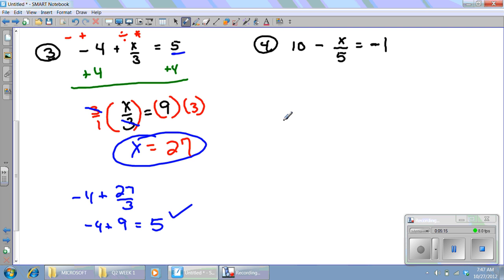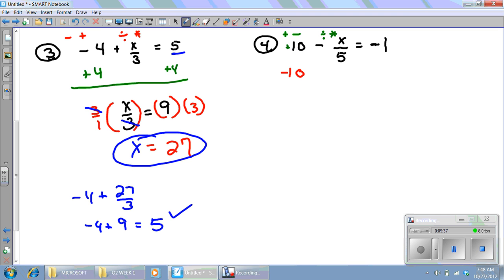All right, last one. I've got a 10, and the 10 is attached by addition. Why? Because it's a positive 10. So I'll use subtraction. And I have a 5, and I'm going to call it a negative 5 because there's a negative out front. It's attached by division, and so to undo it, I'm going to use multiplication. So now it's going to tell me to get rid of the addition first.